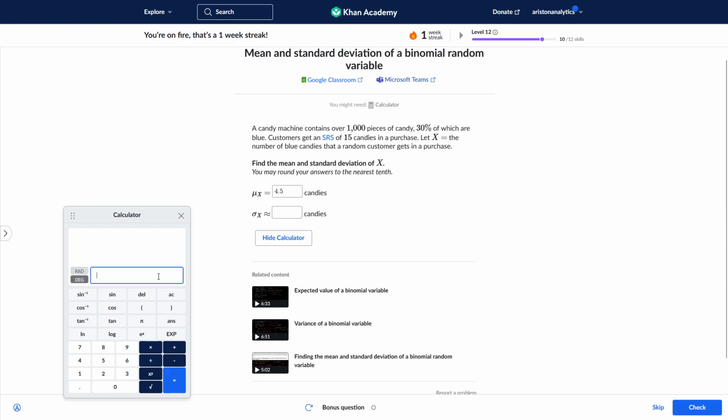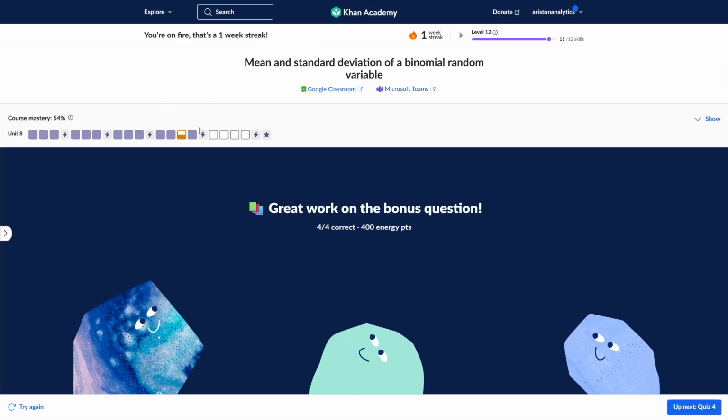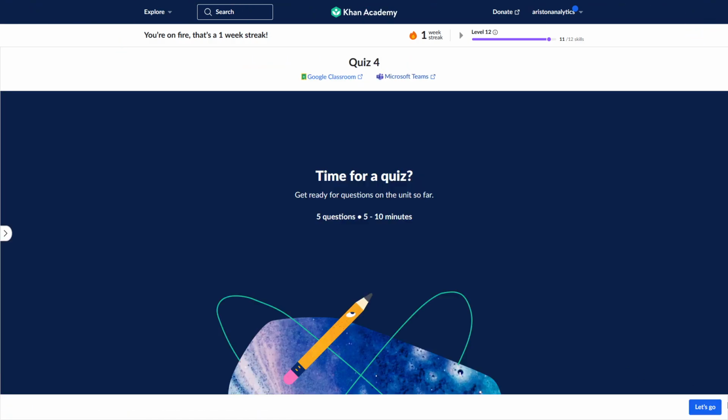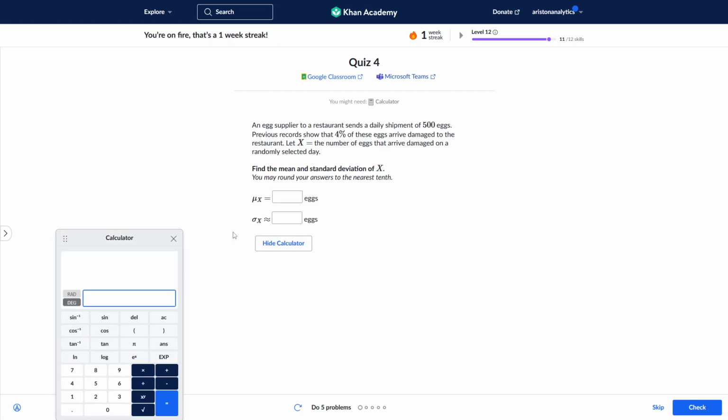And here they would get something like this. Okay. Quiz. Mean and standard deviation of eggs.